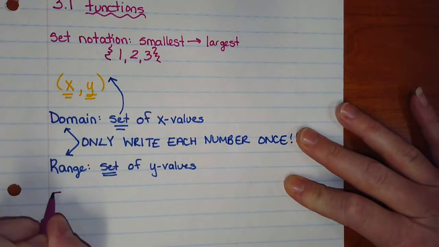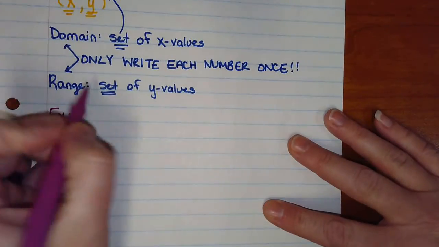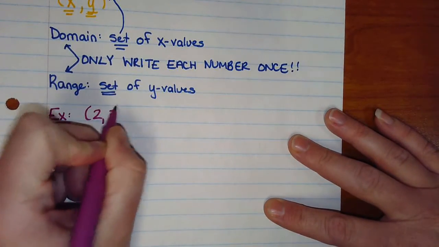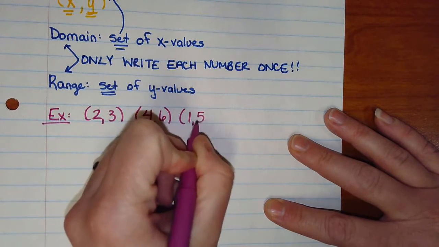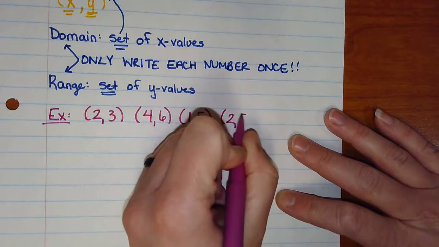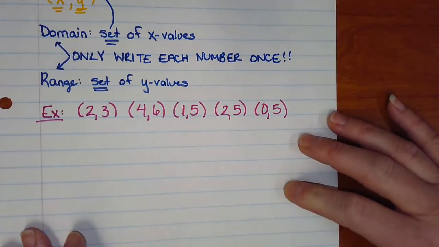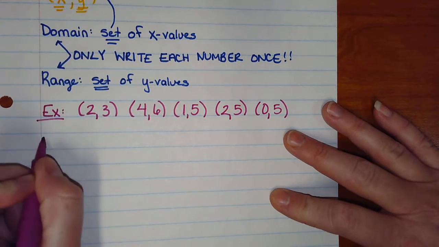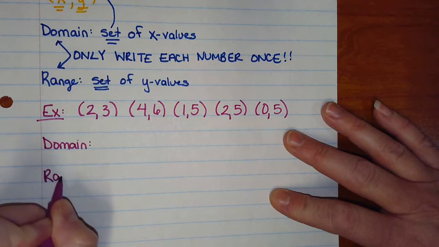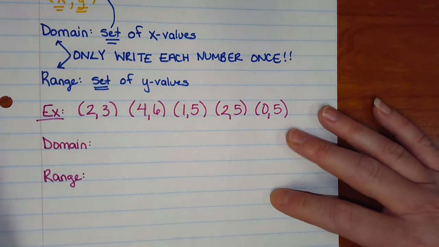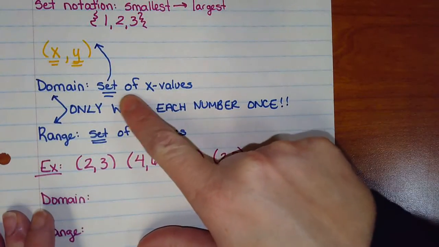So for example, if I give you coordinates 2, 3, 4, 6, 1, 5, 2, 5, and 0, 5. And I want to identify the domain, identify the range. What I would do first, the domain is going to be the set of x values.